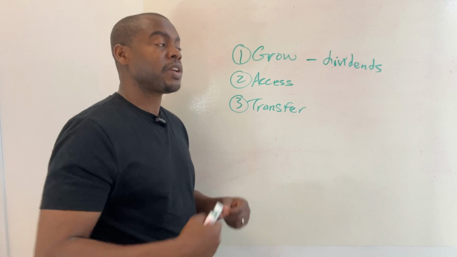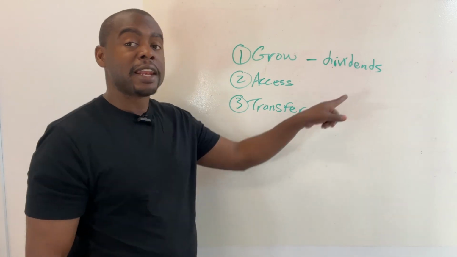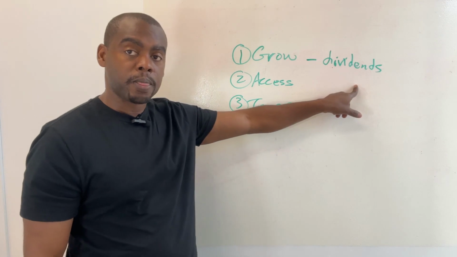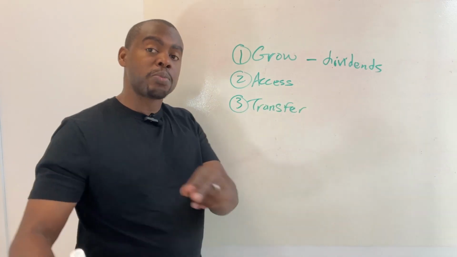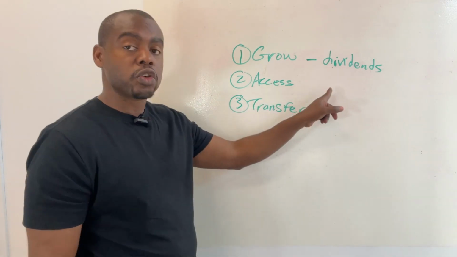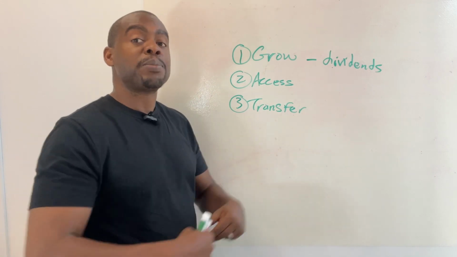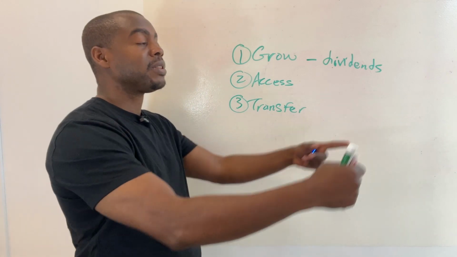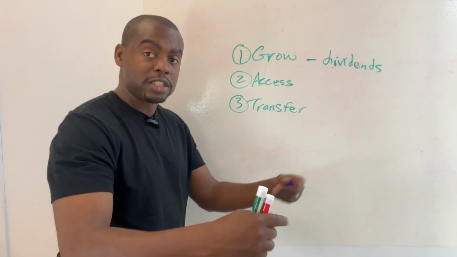As a shareholder, you get money back from profits. In life insurance, dividends are paid out in a mutual company, right? So a stock company is owned by shareholders. A mutual company is owned by the policy owners. So the insurance company will pay out dividends to the policy owners.